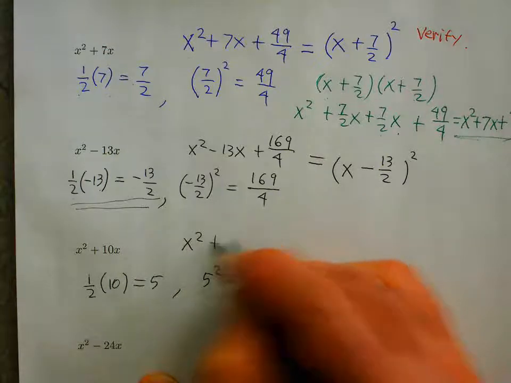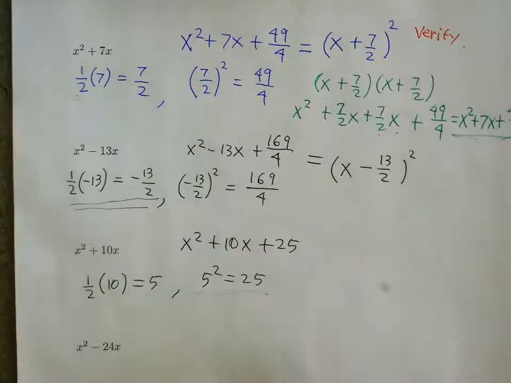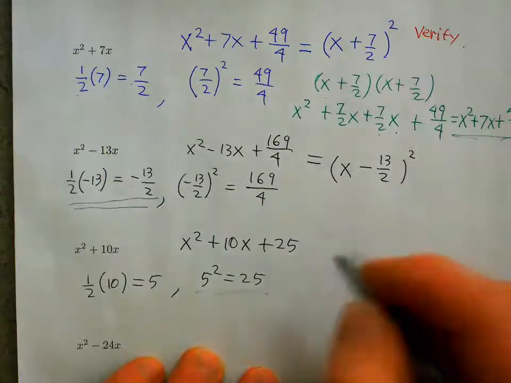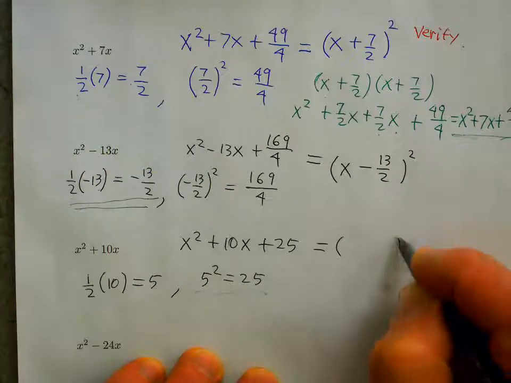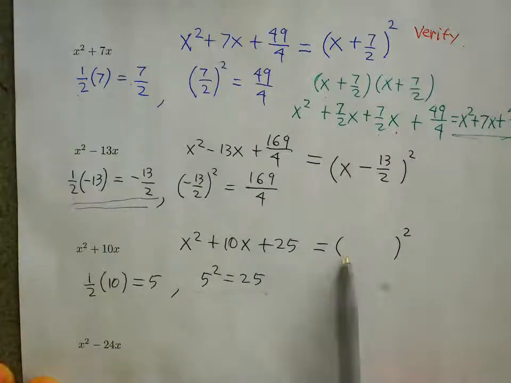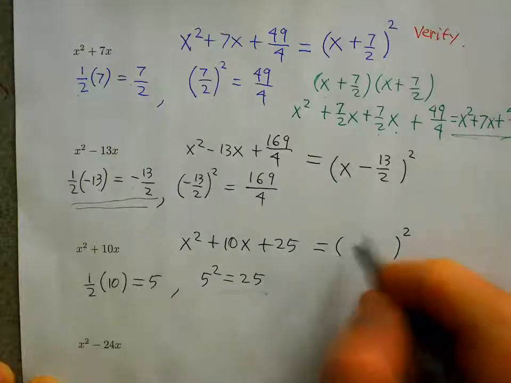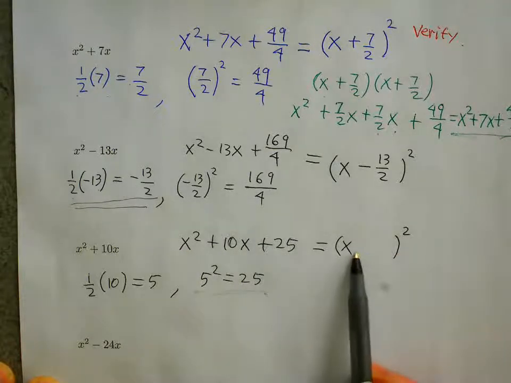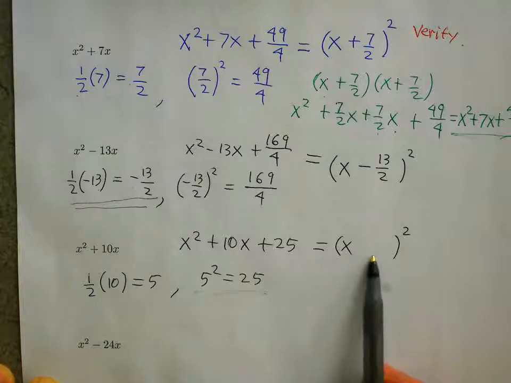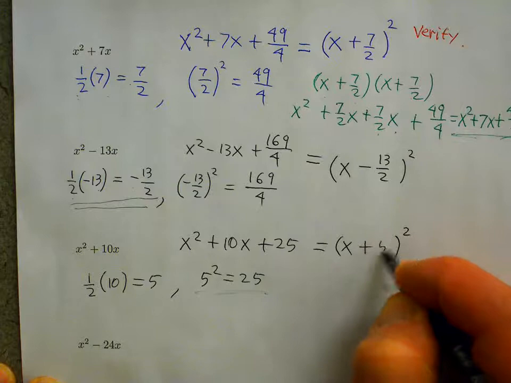So x squared plus 10x plus 25 is the perfect square trinomial. That means it's equal to a binomial squared. The first term in the binomial is x, which is the square root of x squared. And then the number that follows x inside the parentheses is the same number that we got when we took 1/2 of 10. We got positive 5, so we write x plus 5 quantity squared.